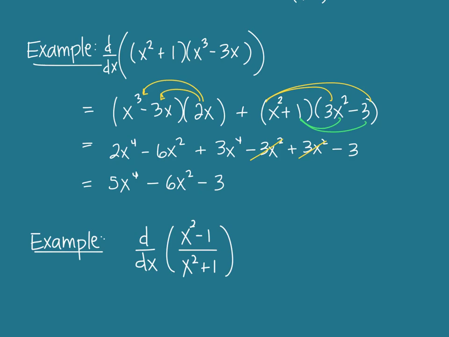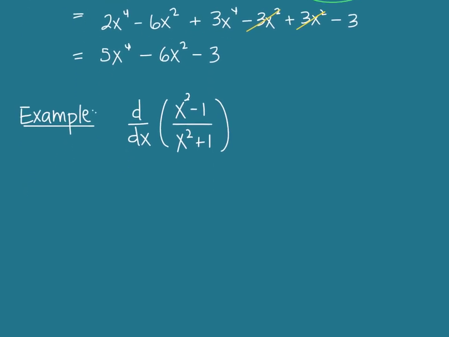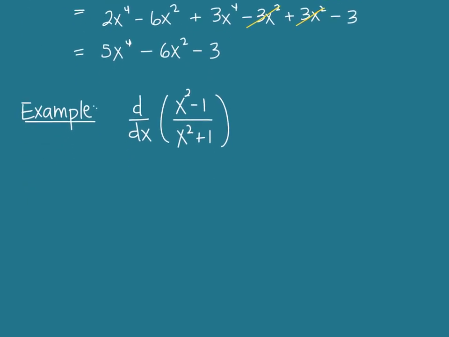This is not reducible either, although it's tempting. It's tempting to look at the x squared terms and want to distribute or want to reduce, or maybe look at it and say, oh, it's a difference of squares, I can factor it, but that doesn't help me either. This really is simply a quotient rule problem.